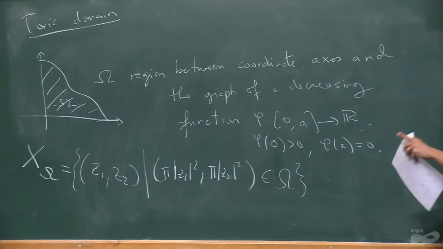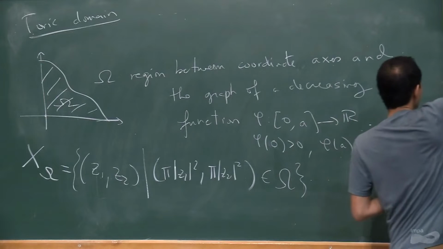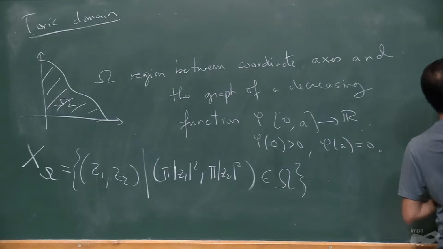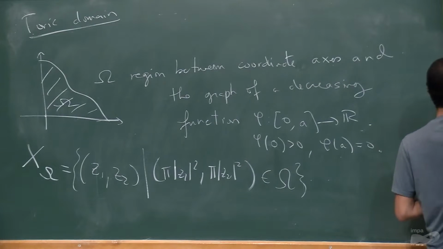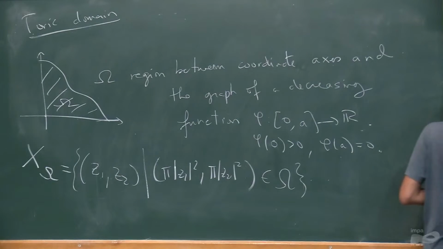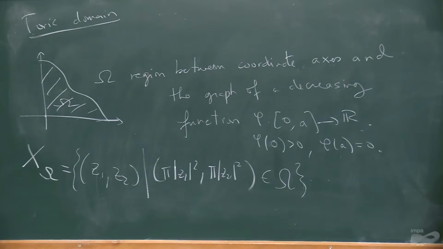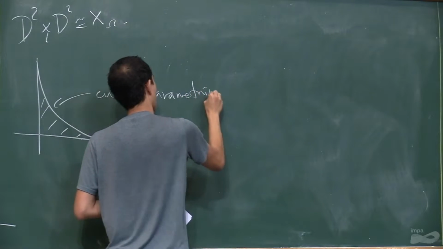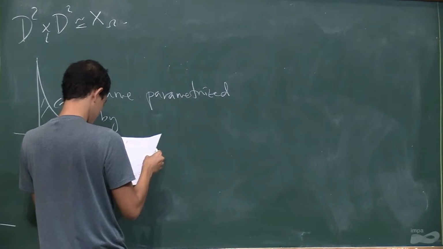But let me just tell you what domain this is before I move on. So for the bidisk, this domain is symplectomorphic to X omega, where omega is the region bounded by the coordinate axes and a curve which is parametrized by a formula that I'll tell you.